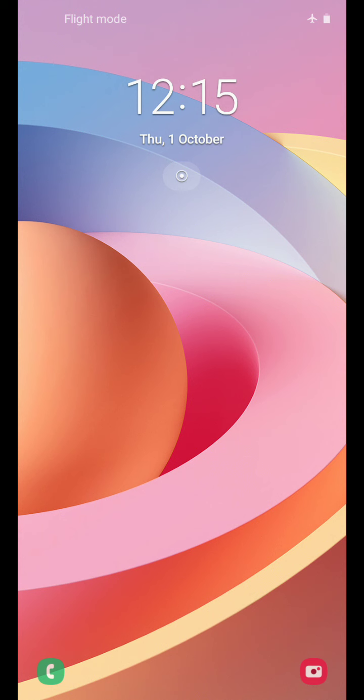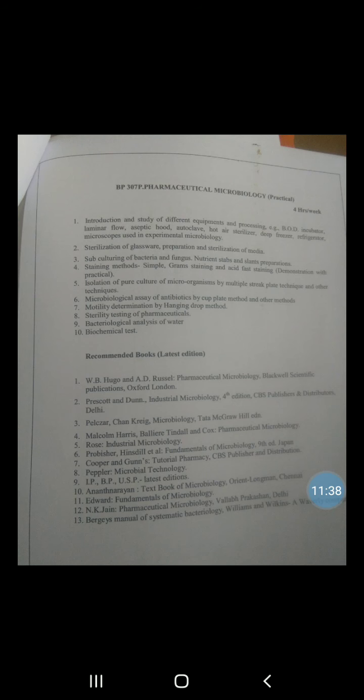Next question. What are the different techniques that are used for obtaining the pure culture? Or what are the different methods? First, common methods, and second, special methods.